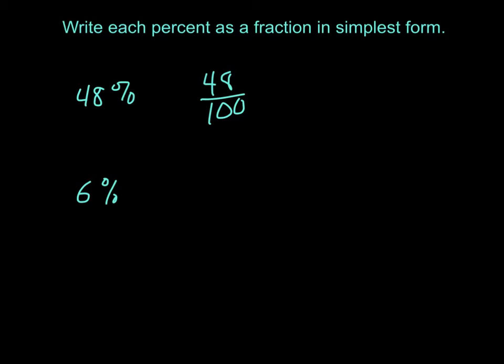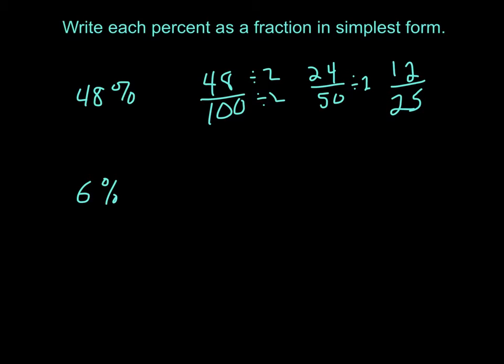Anytime I see a number is even, I know that I can divide it by 2. So now I'm at 24 out of 50, and they're both even, so I could divide each of these by 2, and I get 12 out of 25. And now the only number I can divide into the numerator and the denominator, that's the same number, would be 1, so it's in simplest form.